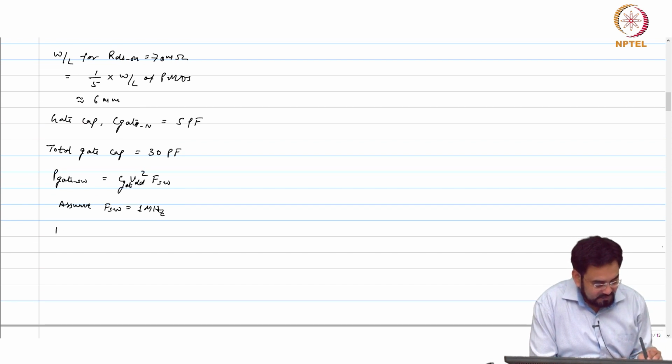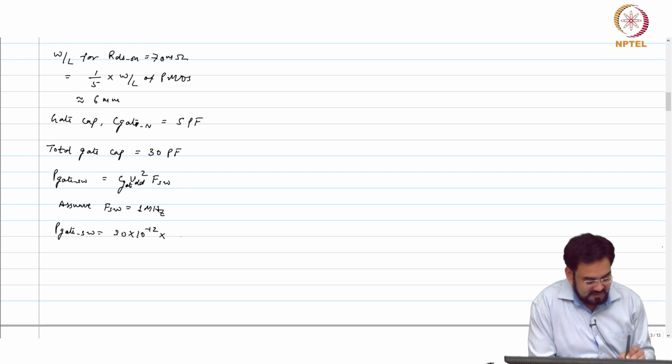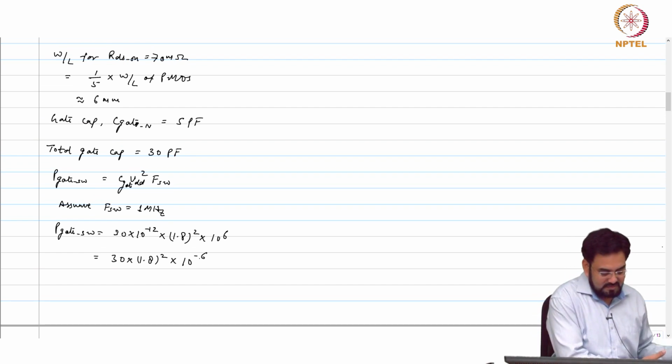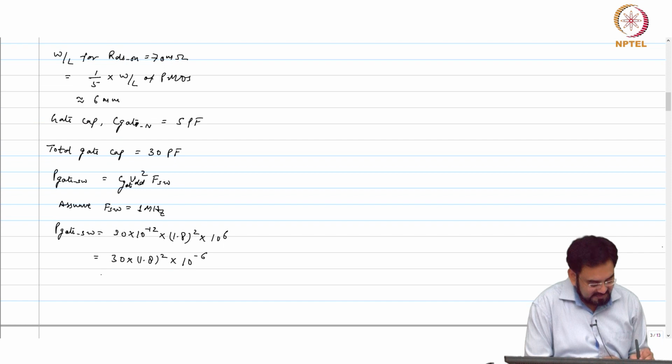So P gate SW is 30 into 10 power minus 12 into 1.8 square into 10 power 6. This becomes 30 into 10 power minus 6, so you get some micro. So approximately 100 microwatt.